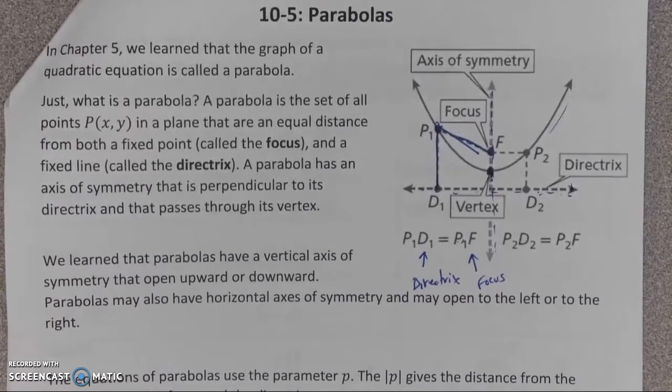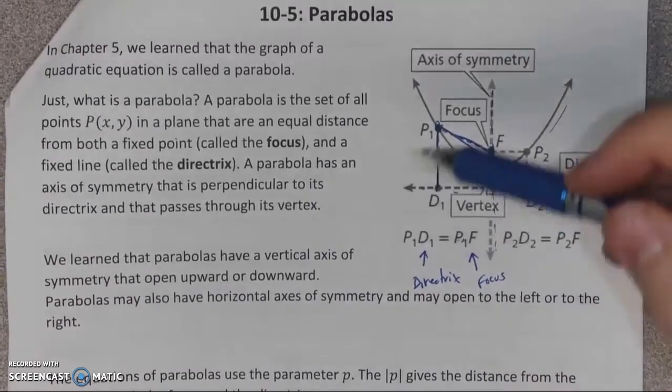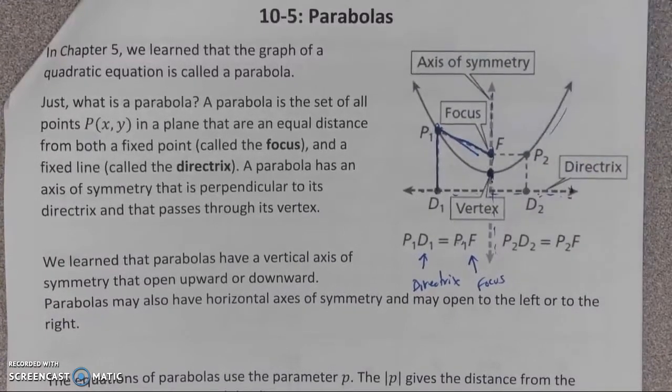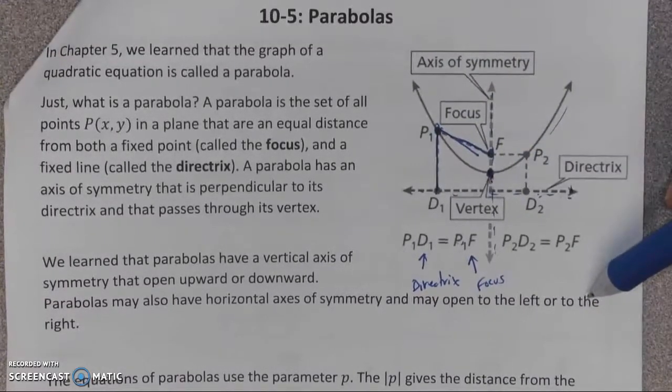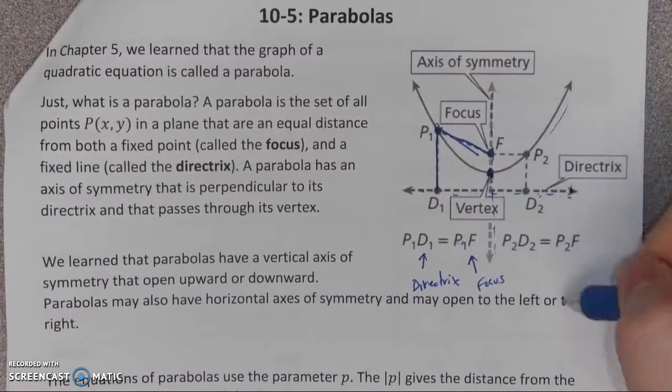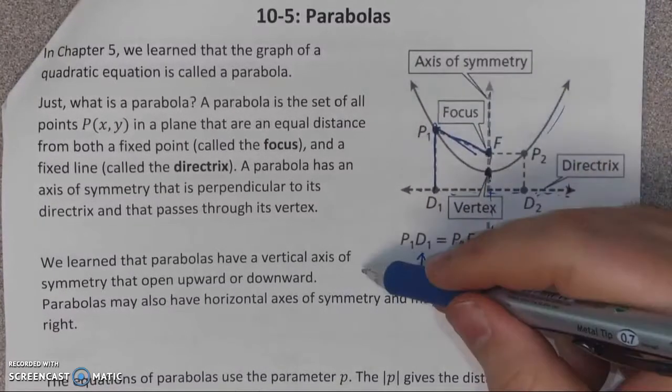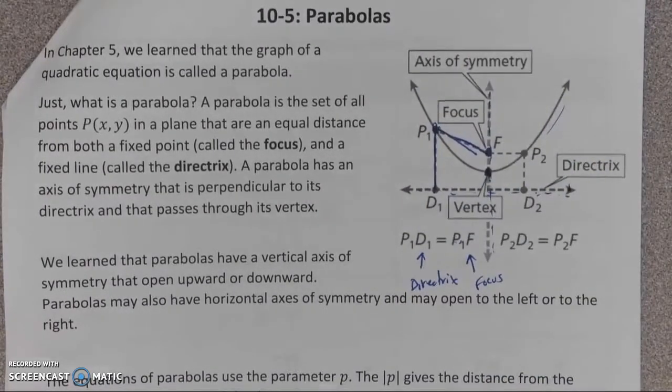So we learned that parabolas have a vertical axis of symmetry. So, like I said, this could open up as shown, or it could open down. But parabolas also have a horizontal axis of symmetry, which means they could open facing the left or facing the right. Almost like how a hyperbola did, except you only get one of the branches.